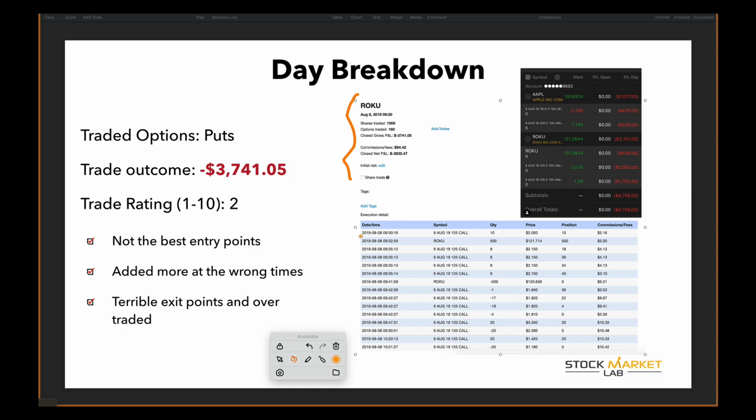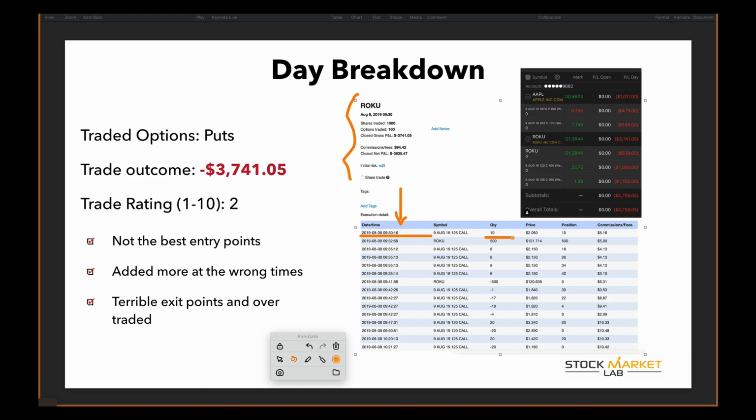So if you look at my first entry, I entered 16 seconds into the day. The market opened and 16 seconds later, I am in the trade. That's terrible. Now, one thing I did like, even though I entered in the first 16 seconds and am not a fan of that at all, is that I kept my contract size small. I entered at 10 contracts.